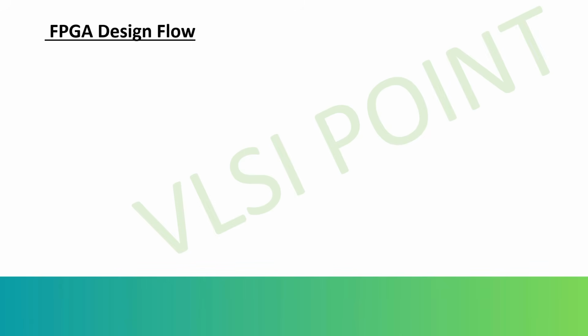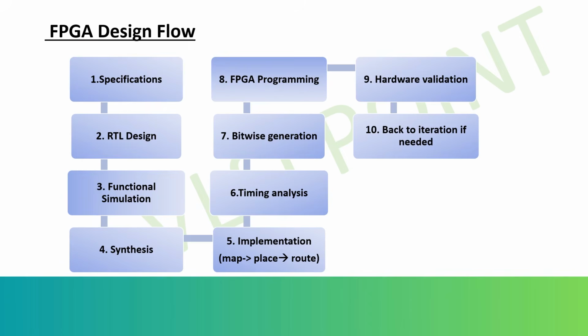So now we will discuss the complete FPGA design flow, what all steps are involved. You can see here the details, starting from specification till hardware validation and back to iteration if needed. FPGA design flow is similar to ASIC but simpler because the chip is already fabricated and you just have to configure it.